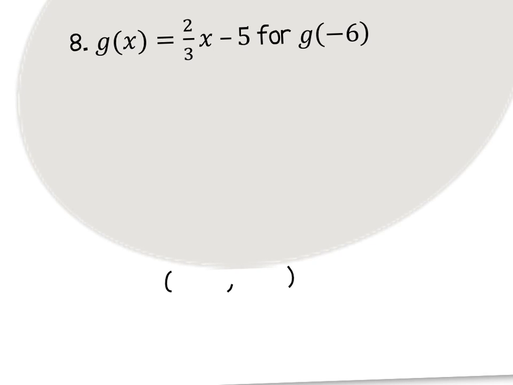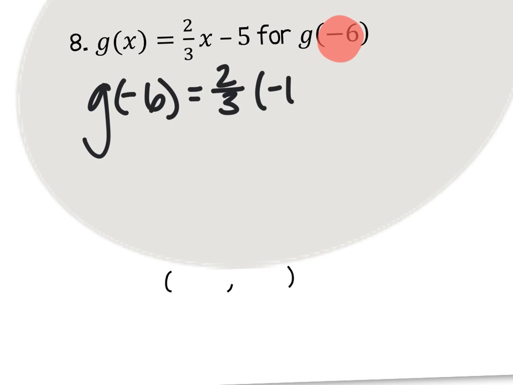Problem 8 is an identical problem, so this time my x value is negative 6. So I'm going to rewrite g of x, or instead of x, I'm going to put negative 6 there, equals 2/3. Instead of x, I'm going to put negative 6 minus 5. Again, those negative 6's came from what they gave me in the parentheses, because that's my x value.